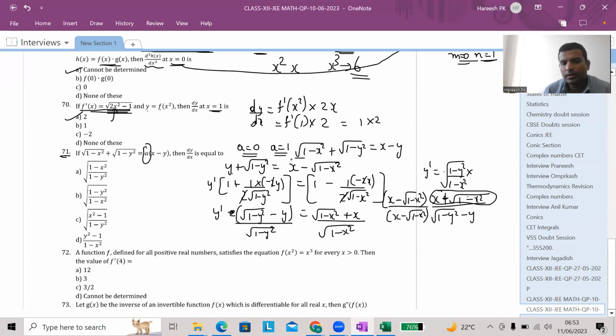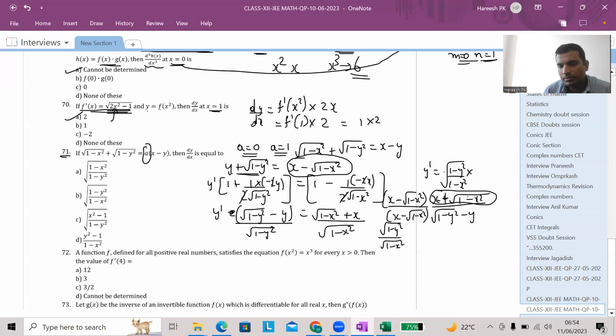But I know that x minus root 1 minus x square can be written like this. So this will be root 1 minus y square by 1 minus x square.